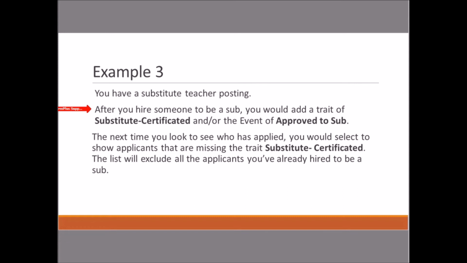You could keep a list of who is qualified to be a secretarial clerical sub and a paraeducator, or maybe some really only should be a paraeducator sub or a maintenance substitute. So it's another way to organize your data, okay? And hopefully that's making sense and I'm not rambling too much.